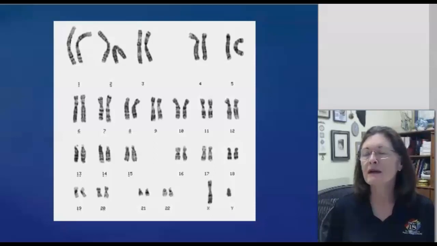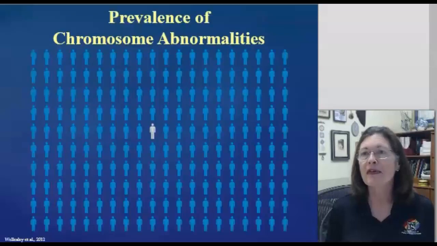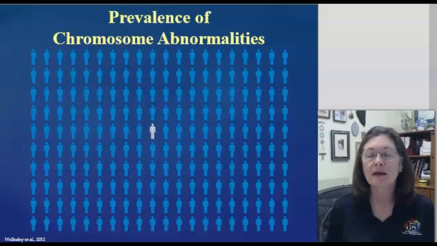In assessment of many children born, randomly looking at their chromosomes, it was determined that about 1 in every 200 babies born had a chromosome abnormality using that technique.